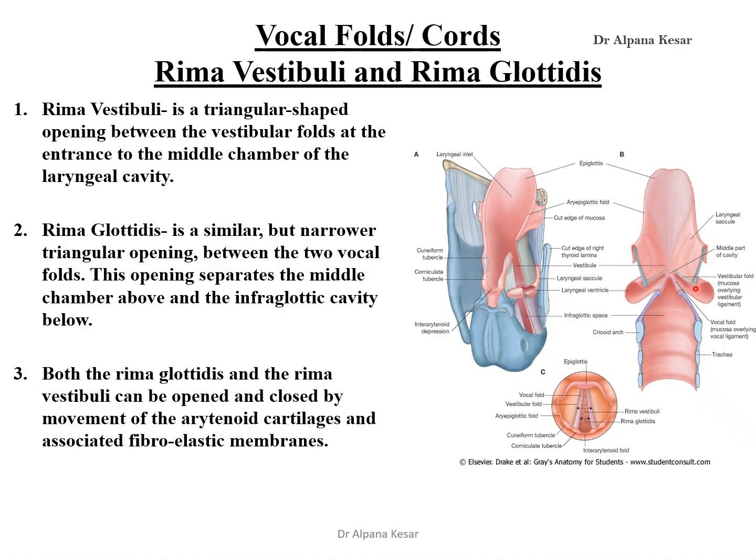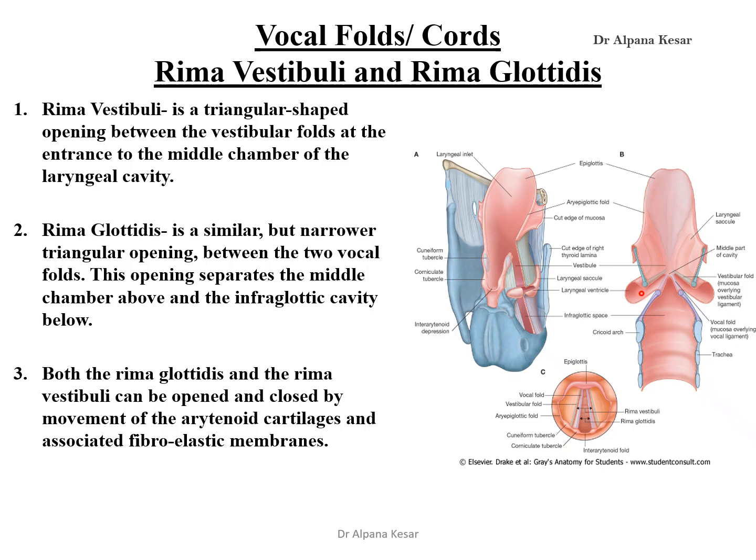Rima vestibuli. Rima vestibuli is a triangular shaped space which is present between the two vestibular folds. It is present at the junction of the upper chamber with the middle chamber. Rima glottidis is also a triangular shaped space which is present between the two vocal folds.